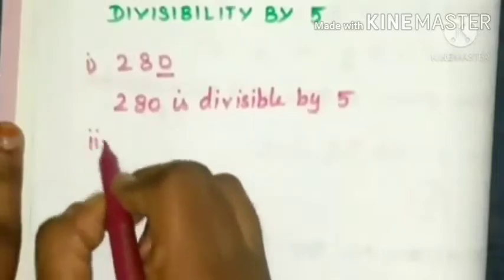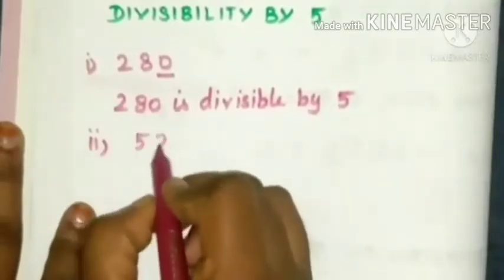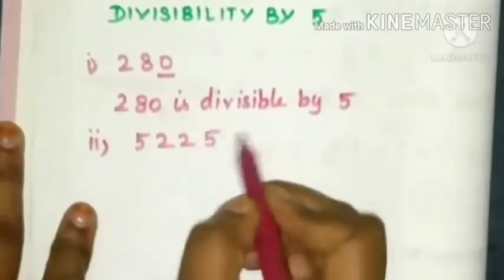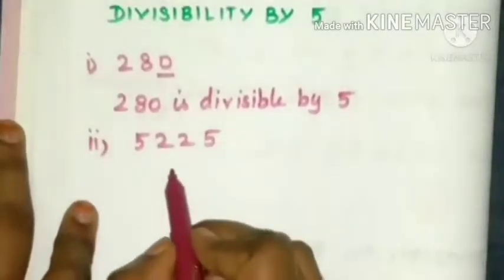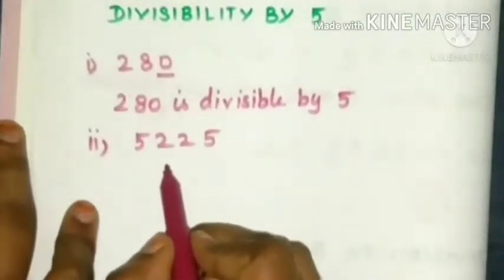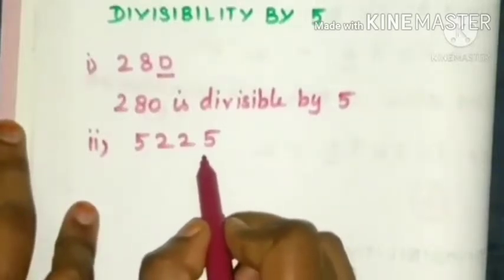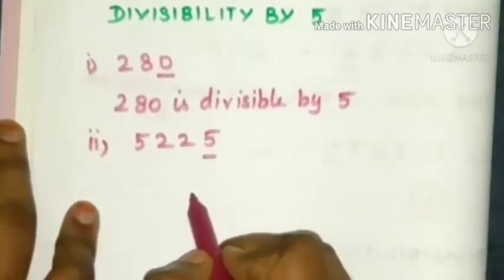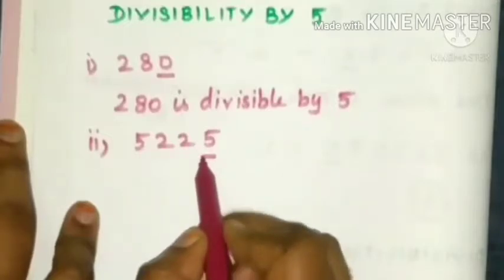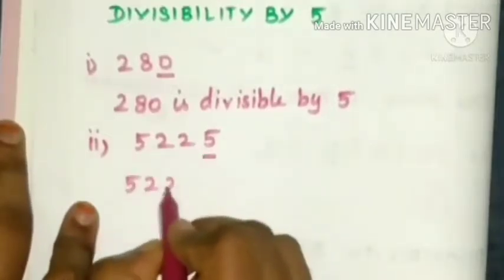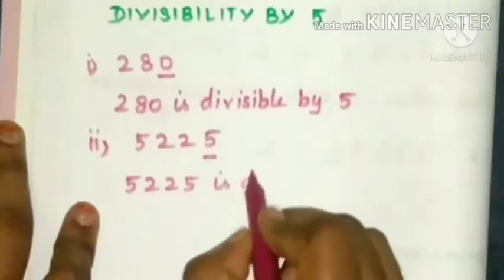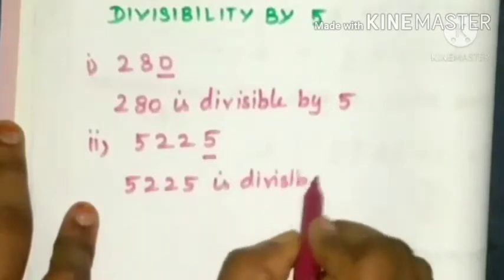Let's see one more example. 5225. You have to check whether it is divisible by 5 or not. By using the rule of divisibility by 5, ones place is either 0 or 5. Here ones place is 5. So 5225 is divisible by 5.